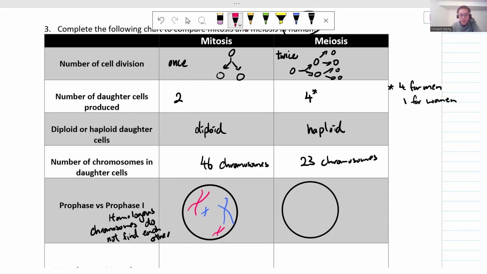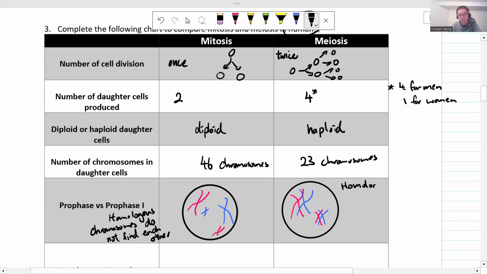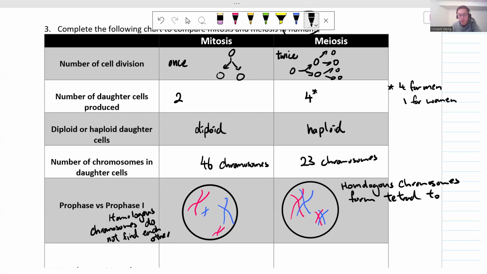But as we learn, for meiosis, they will find each other. Why do they want to find each other? Tell me. What's the purpose of finding each other? To exchange genes? That's right. So homologous chromosomes form a tetrad to undergo crossing over.